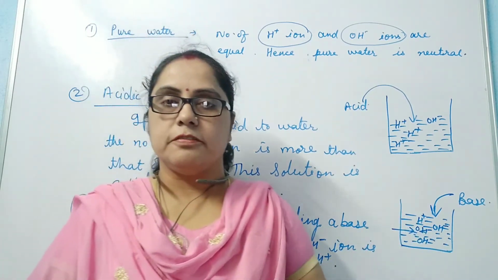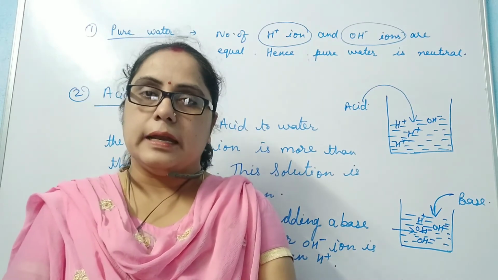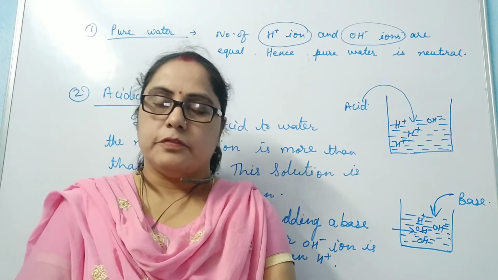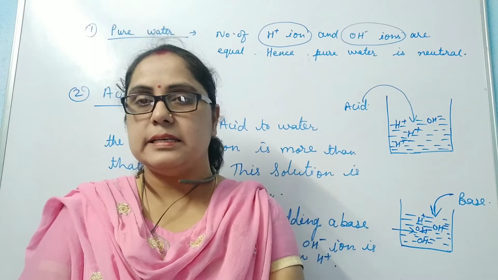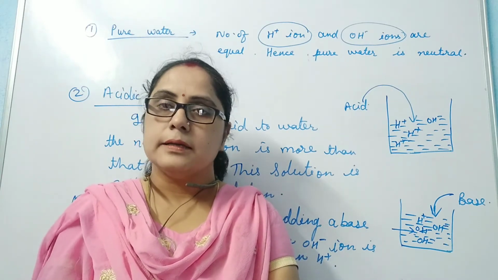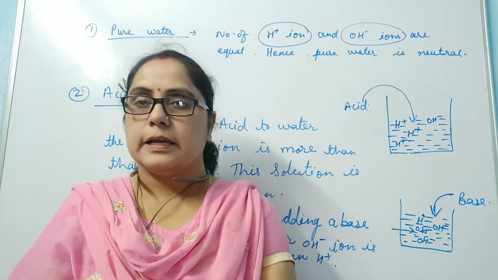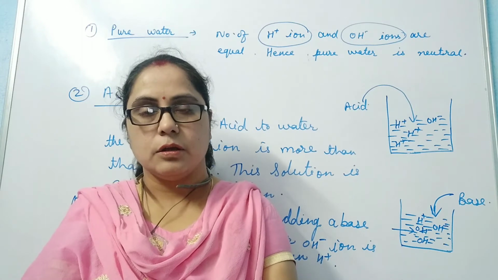On the basis of H plus ion present in the solution, we can compare the strength of an acid or a base. For this, a scientist S. Sorensen in 1909 made a scale. This scale is called pH scale. It is used to measure the relative strength of an acid or a base.